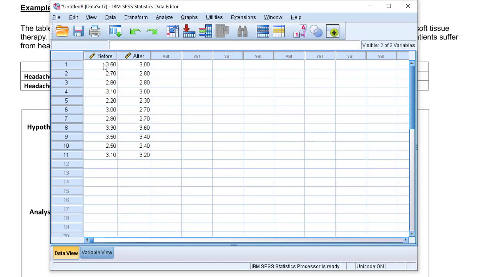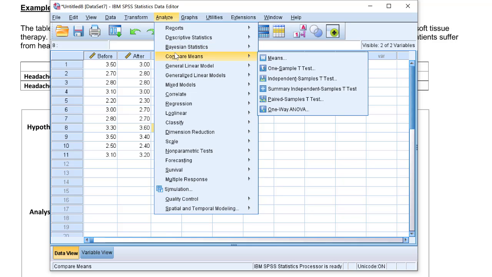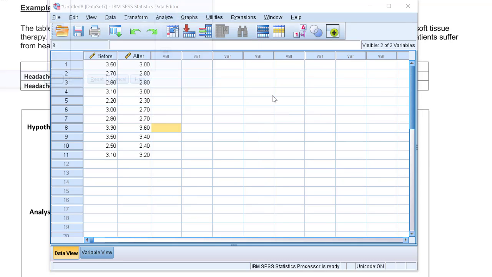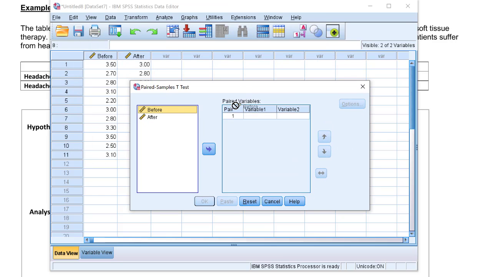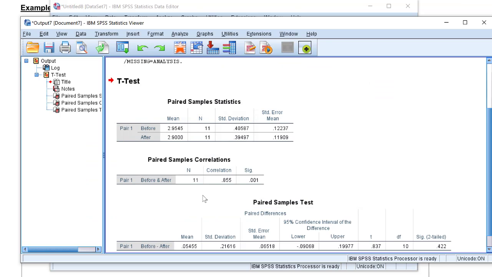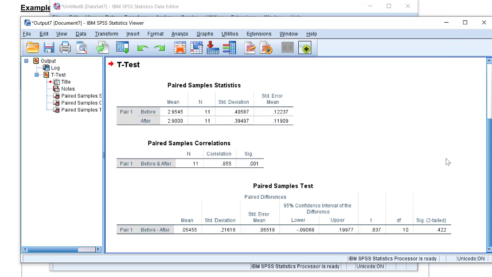So there we have our before times and our after times. And we set up to analyze, compare means, paired sample t-test. Again, I'm going to have before as variable 1, after as variable 2. Okay, that's all it takes.